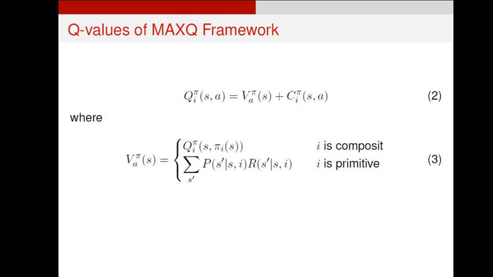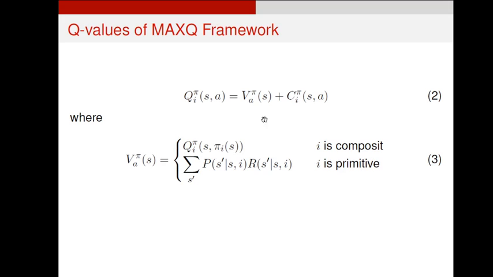A is a composite action means from the state S, the agent will take an action A and it may move to different states S dash, S double dash, S triple dash, etc. So the movement from the state S through A leads to different possible states. That is called a composite action. Sometimes this action A leads to the terminal state. In that case, it is called a primitive action or simple single step movement.